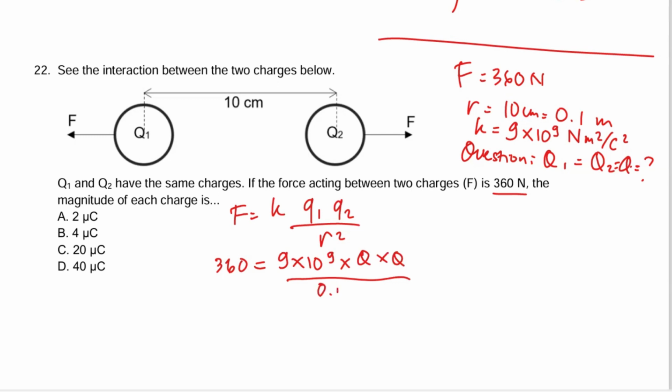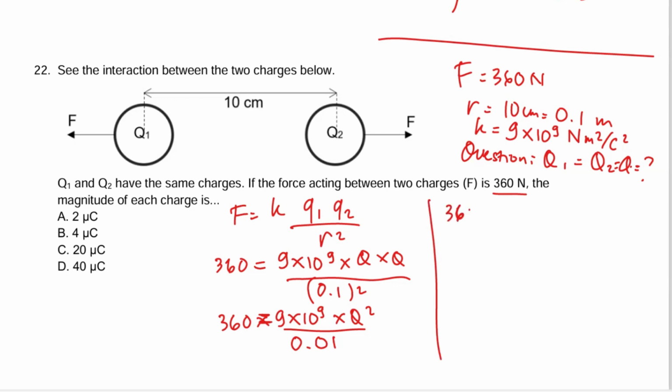R square means 0.1 square, so 0.1 times 0.1 or 0.01, right? So we multiply the 360 with 0.01 equals 9 times 10 to the power of 9 times Q square.